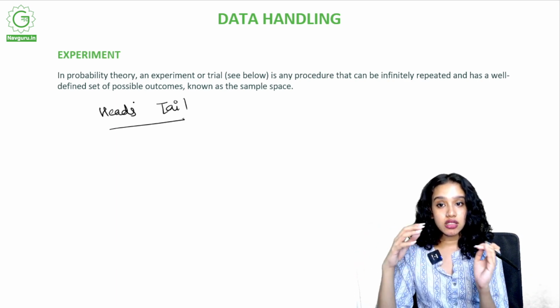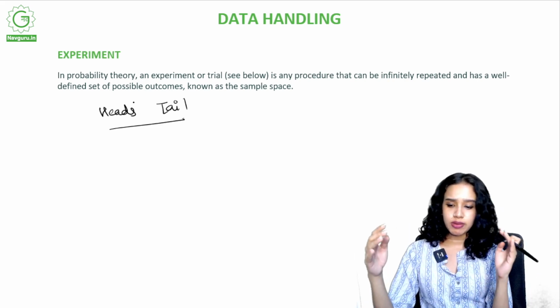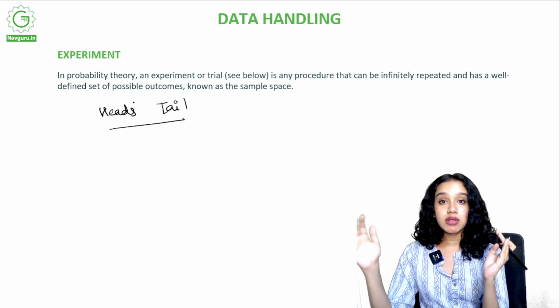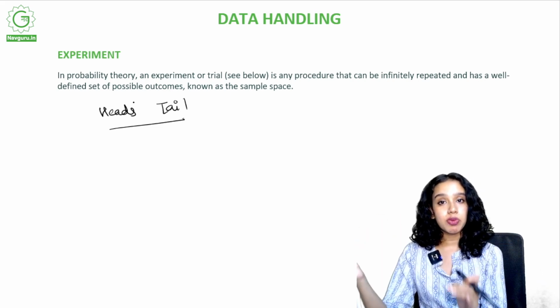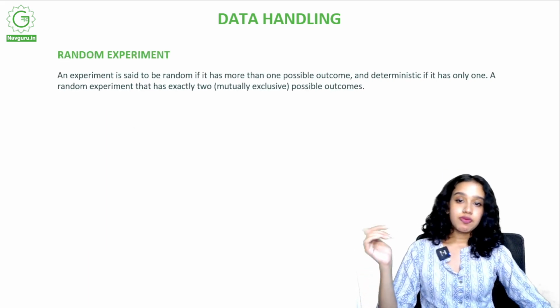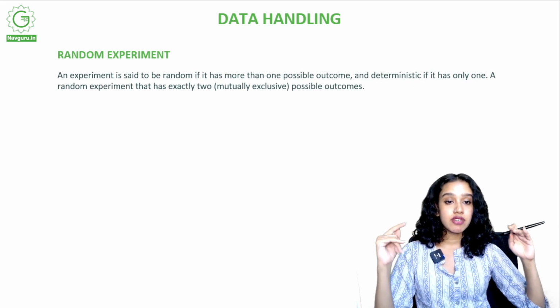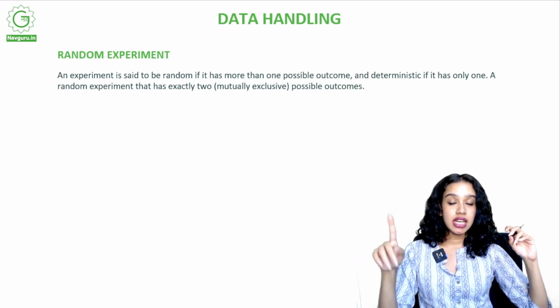So this process of tossing a coin, or anything similar to tossing a coin, or throwing a ball in a closed room, where wherever the ball goes there's a limited set, right? This process is called an experiment. Now, random experiment: an experiment is said to be random if it has more than one possible outcome, and deterministic if it has only one.